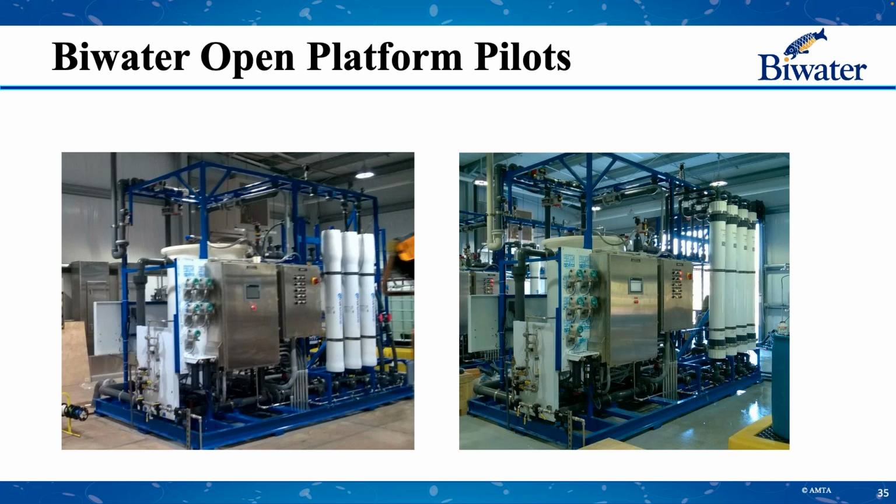The one on the left is operating in a multi-module situation. So where we don't require higher flows for downstream testing, and we just want to individually test different modules side by side, that's the unit we'd recommend. And we can run different flux rates, different cleaning regimes, all within that on the same skid.